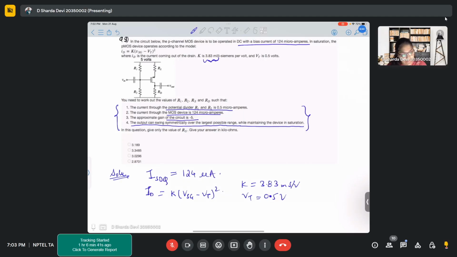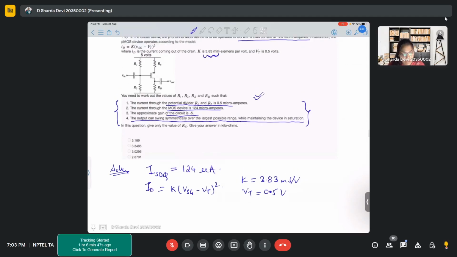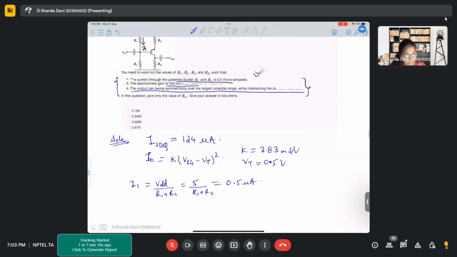The first thing mentioned is that your potential divider should carry 0.5 microamperes of current. So the current through your potential divider, let's say I1, is VDD by R1 plus R2. Here VDD is given as 5, so 5 by R1 plus R2 is equal to 0.5 microamperes.